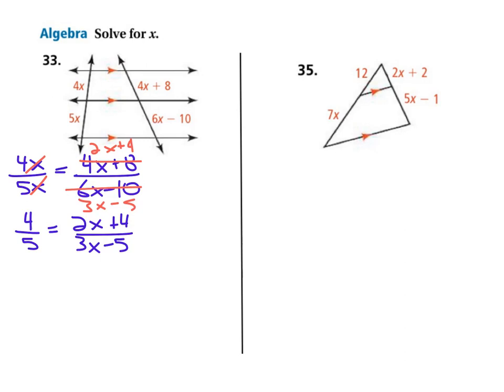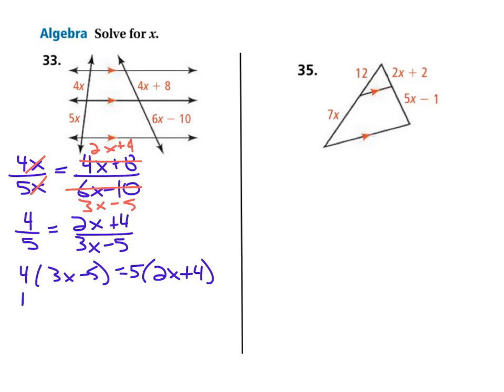And when we cross multiply, we get 4 times 3x minus 5 equals 5 times 2x plus 4. We simplified the ratios. I hope you could see what we did there. We canceled the x on the left and we canceled a 2 on the right.